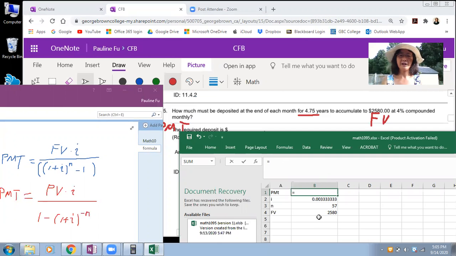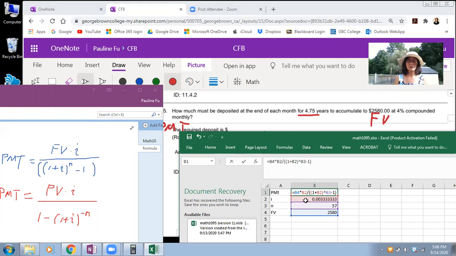So FV times I, FV times I divided by bracket, another bracket, 1 plus I raised to power n, minus 1 closing bracket. So that is the PMT.